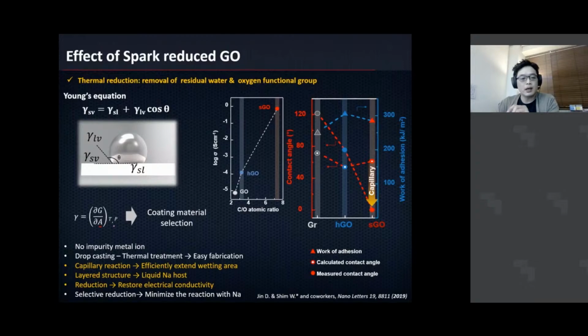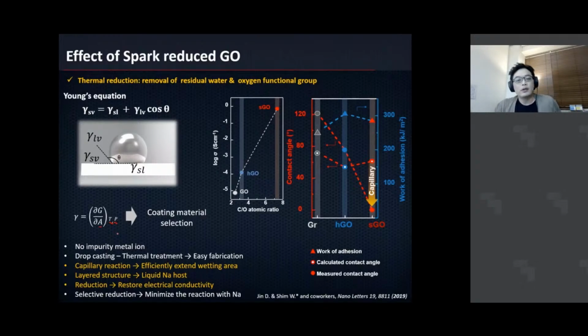But if you look at this partial differential equation form, you hold temperature and pressure constant, you change the area, and ask what the free energy change is. That's the surface energy. So in other words, your surface energy at a given temperature and pressure is an intrinsic property. You cannot change it. You choose the material, and your surface energy is fixed.